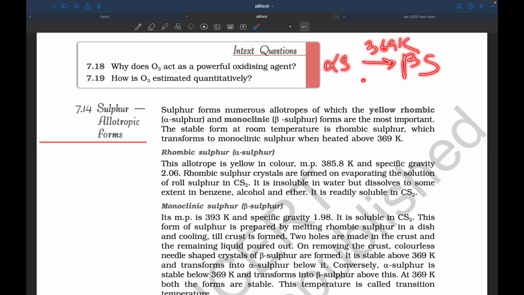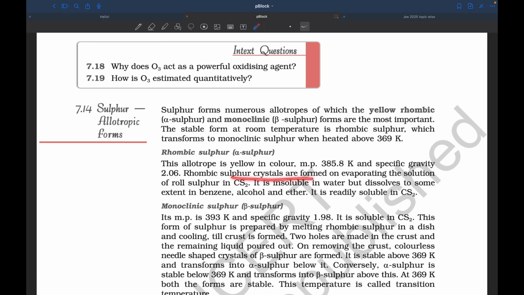When you heat alpha sulfur to this temperature, alpha is converted to beta. This temperature is known as the transformation temperature, or heat of transformation. Next we will see what rhombic sulfur is like. This allotrope is yellow in color, melting point is 385 K, specific gravity is 2.06.